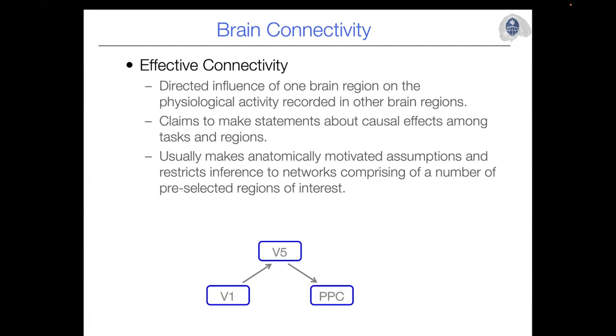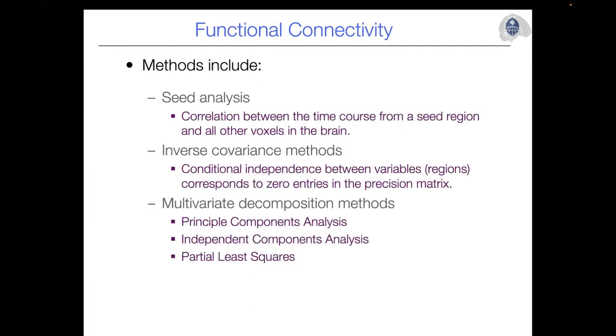So how do you do this type of connectivity? Well, there are lots of different ways of doing it. When talking about functional connectivity, the three most popular ways are probably the following. One is to just choose a seed region and look at the correlation between activation in that region and every other region in the brain.